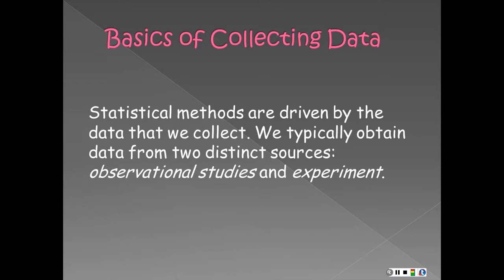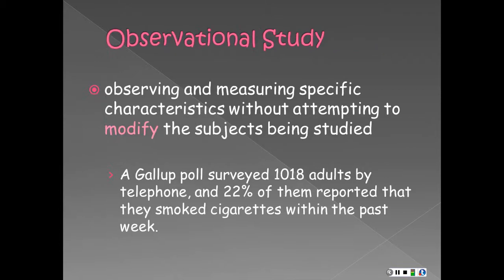So usually what we have to do is collect data, and we collect data from 2 distinct sources. So we have observational studies and experiments. An observational study just means you're going to observe and measure specific characteristics. You're not going to attempt to modify anything being studied.